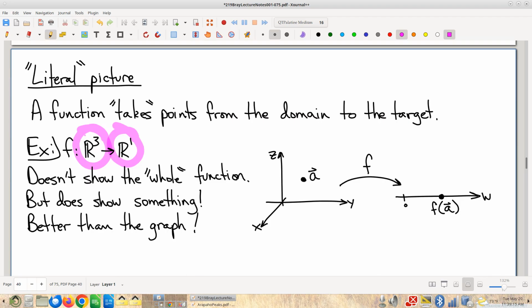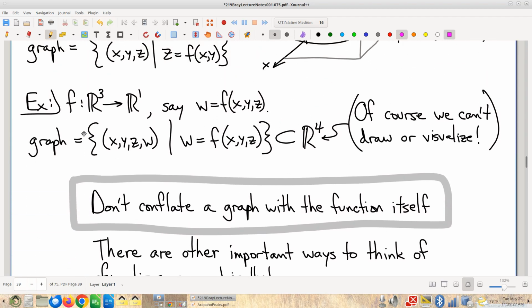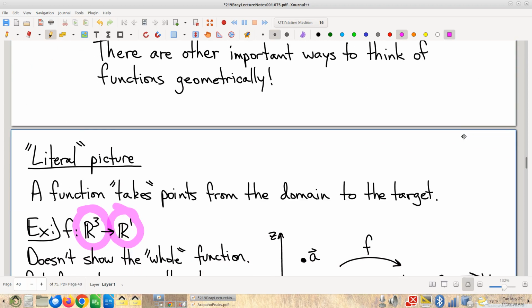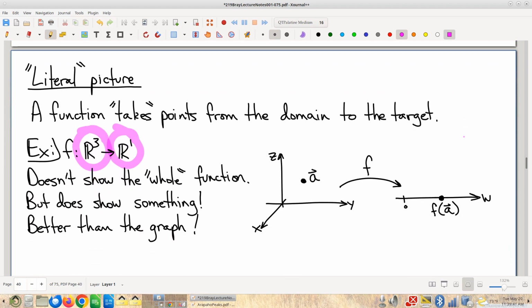If we're going to do an apples to apples comparison, head to head, literal picture versus graph picture, we've got to compare this to the graph of a function from R3 to R1, which of course, is nothing. So when the alternative is nothing, not much for the win. Everybody see the point there? Okay. All right.